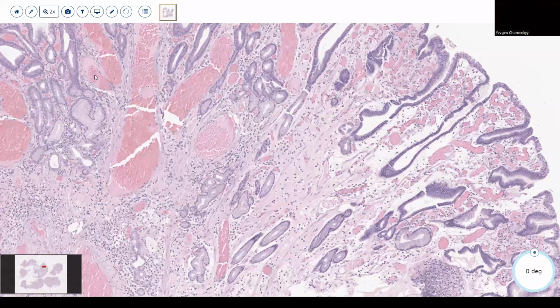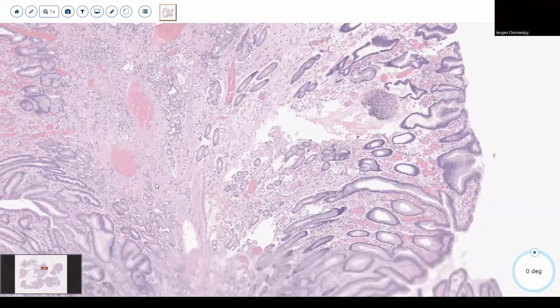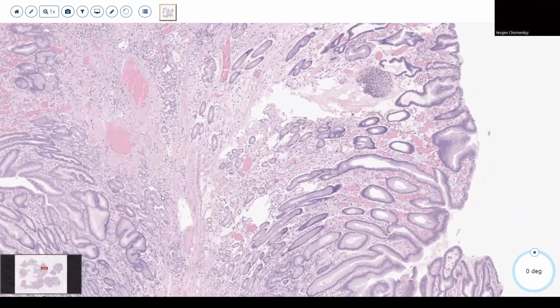When you're seeing thrombi though, that puts GAVE higher on the differential. But then you have to clinically correlate and look at the EGD, because in gastric antral vascular ectasia, you have more of the rugated stomach where it kind of looks like a watermelon.